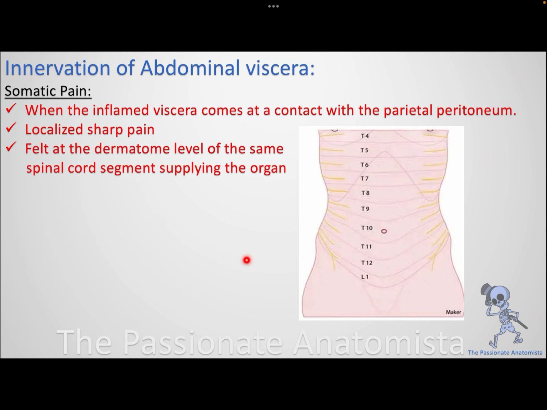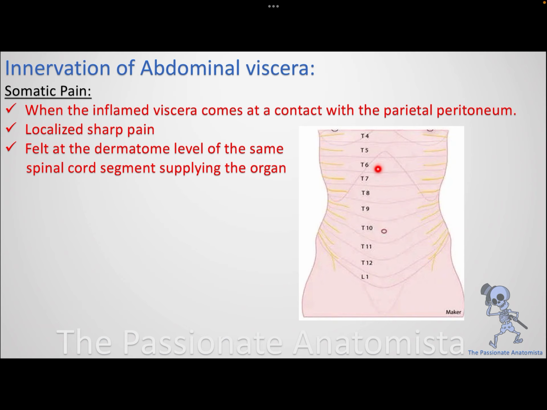So here again, this is the same point, because when I talked about the appendix, it was supplied by T10. So if I have a T10 problem, the appendix, let's say, that's gonna be here. If I have cholecystitis or a problem with the gallbladder, it's gonna be in the epigastric region. That's all when the problem is at the beginning and it's visceral pain, dull, not localized.